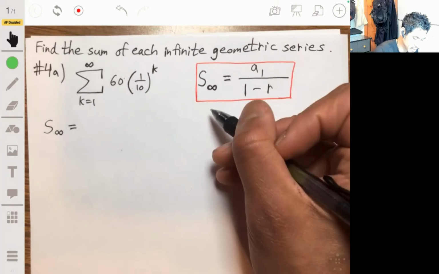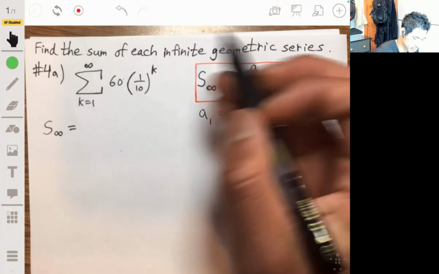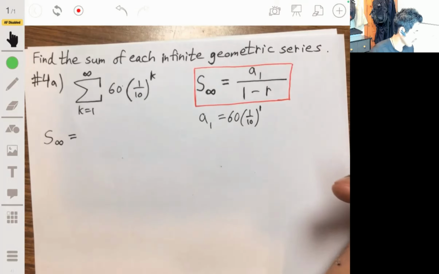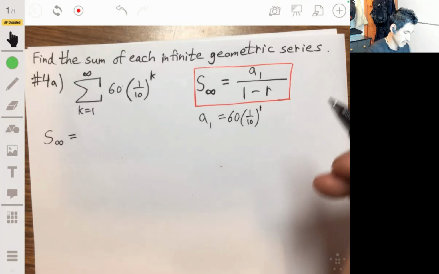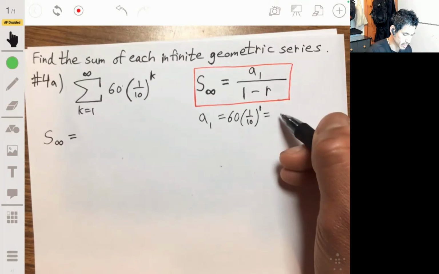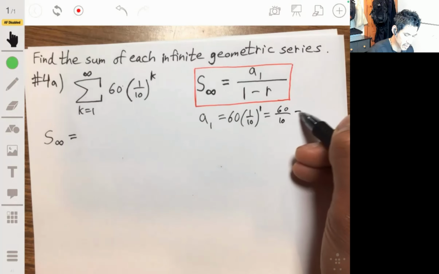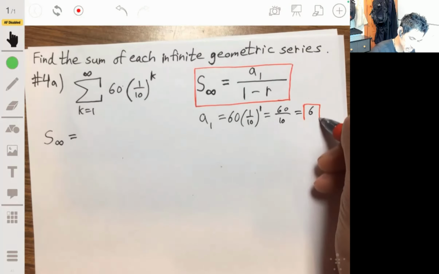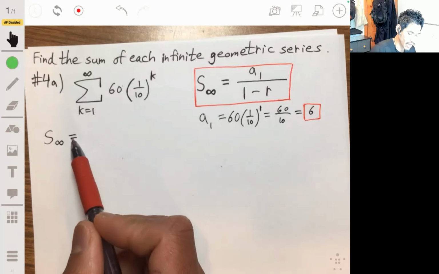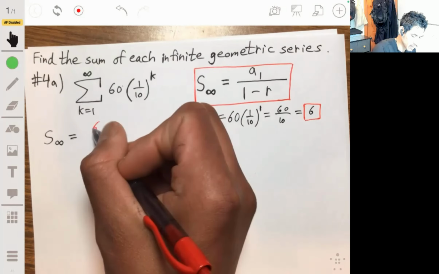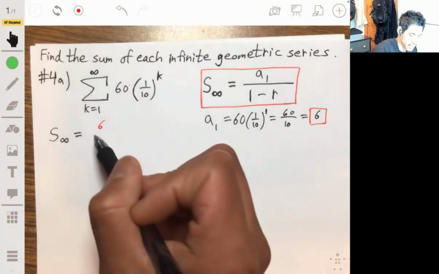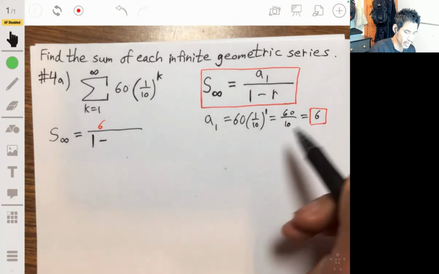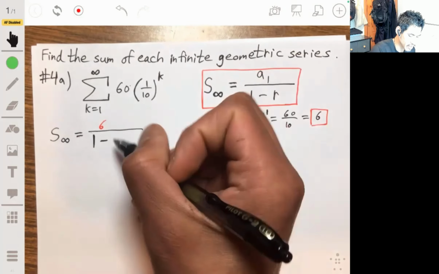So in this case, a1 will be equal to 60 times 1/10 to the 1, which is just 60 times 1/10, or 60 tenths, which will just be 6. So we'll have 6 on top, and this will be all over 1 minus the common ratio, which is going to be 1/10.